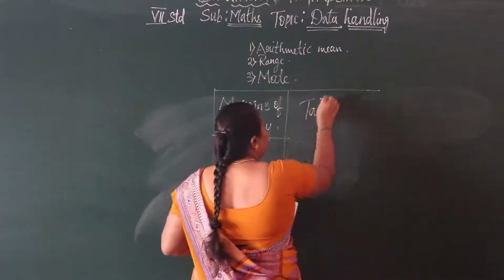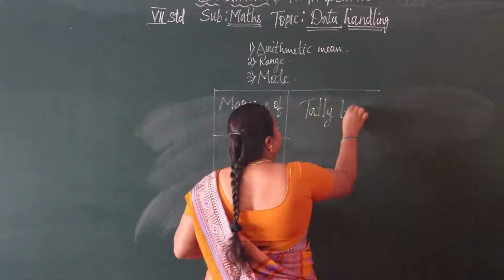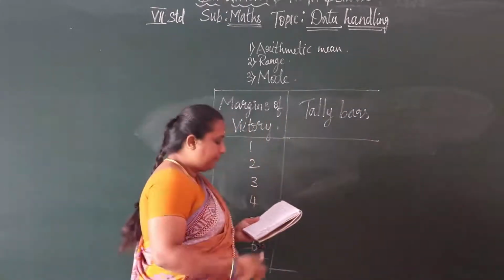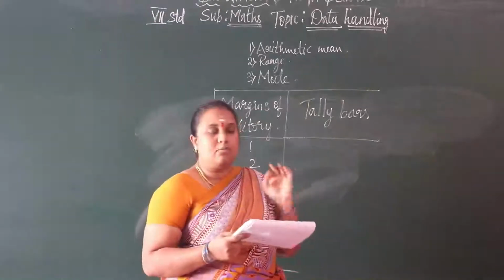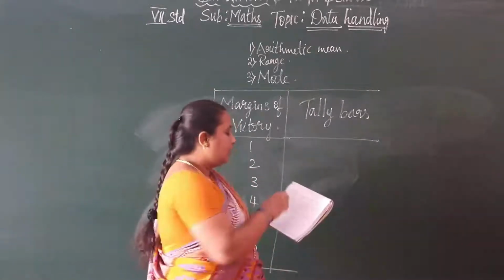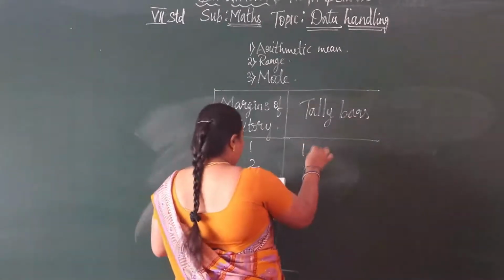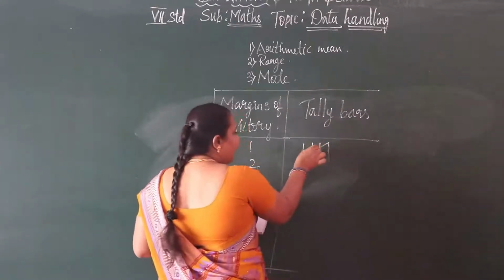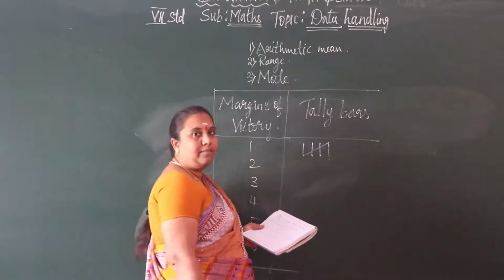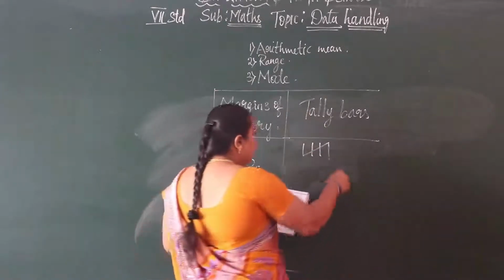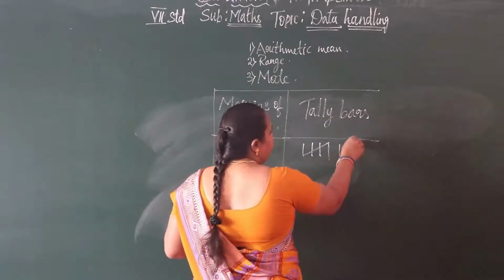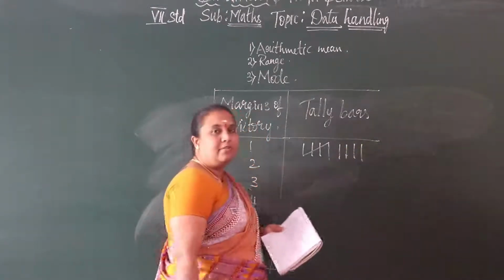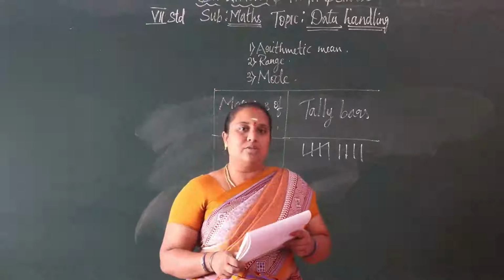We have to write the tally bars. How to draw the tally bars? We count: 1, 2, 3, 4 and 5 you write like this, then 6, 7, 8, 9. So 9 times margin 1 is there.